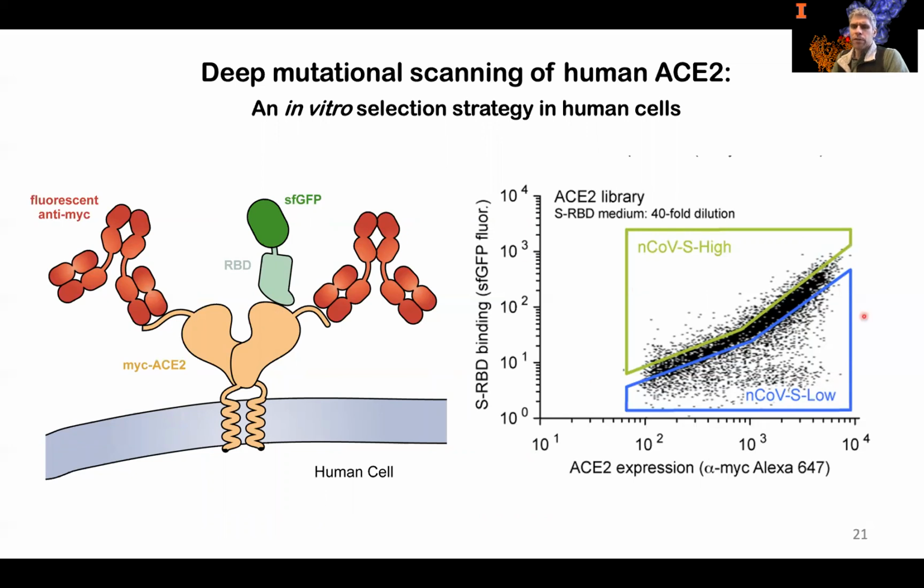Here's what it looked like on the FACS instrument. The horizontal is the expression level of ACE2 in the cells. On the vertical axis is the degree of binding to the viral spike. So we collected cells in this green gate, which are expressing ACE2 variants that have elevated affinity for the viral spike.